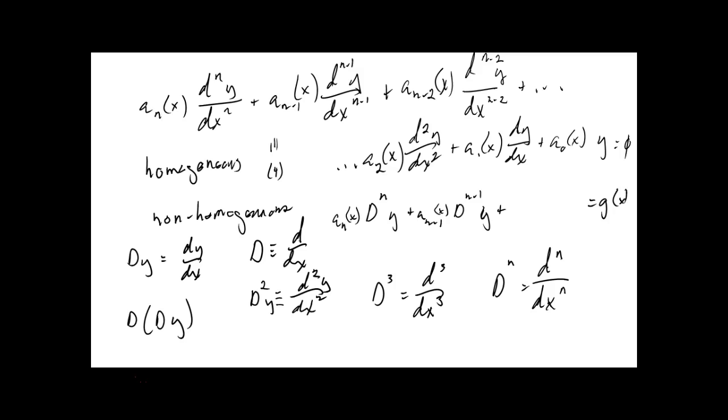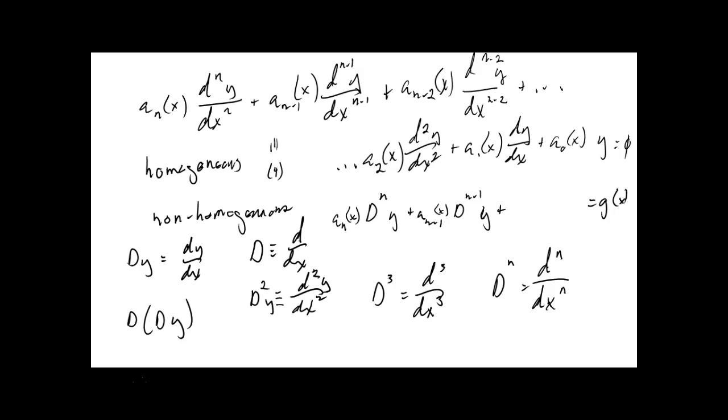And then when you go to solve the things, you can factor them and treat them just as if they were polynomials. So that's the other advantage of it, where it's not so obvious with the d by dx's, but when you have the D's like this, you can sort of treat them as if they're polynomials.